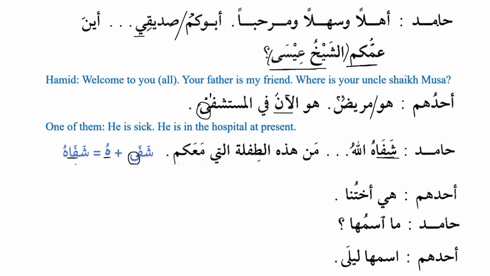Al-alif al-layyina, as they call it in Arabic, or we can say regular alif. So when you have alif maqsura and you use it with the attached pronoun, it changes into regular alif. Very, very important. You need to note it down as well. So, shafahullahu, may Allah subhanahu wa ta'ala heal him.